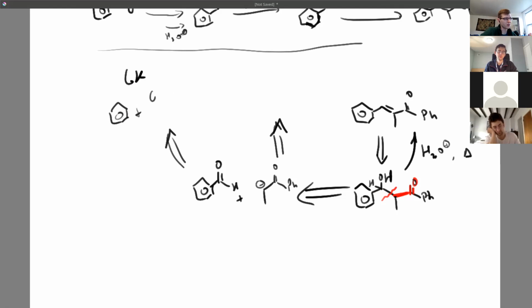I think you need formaldehyde. You probably need aluminum trichloride. Do you need carbon dioxide? I don't think so. I think you need carbon dioxide for making a carboxylic acid with a Grignard.